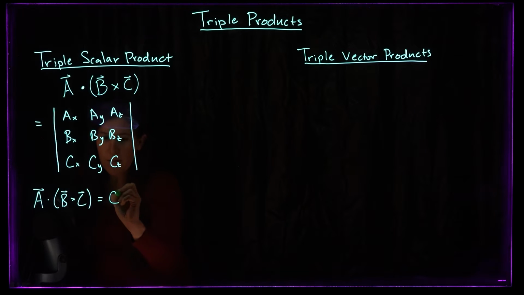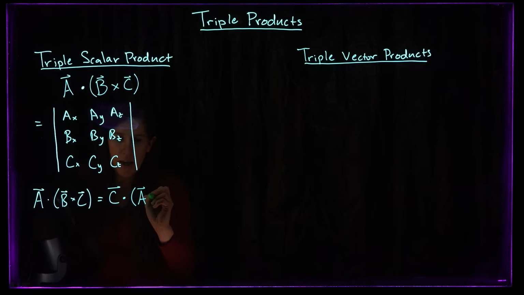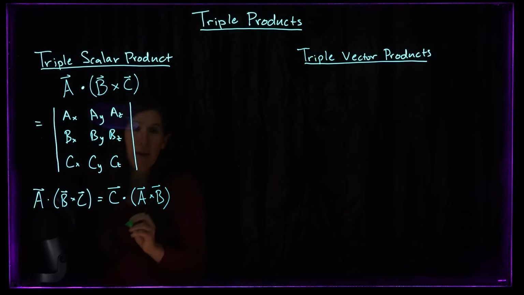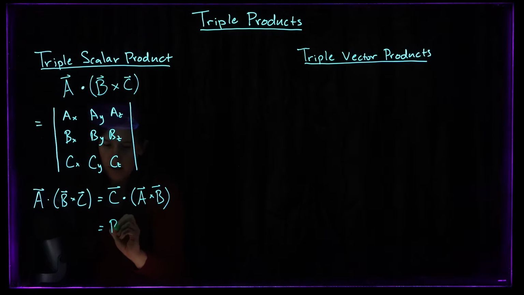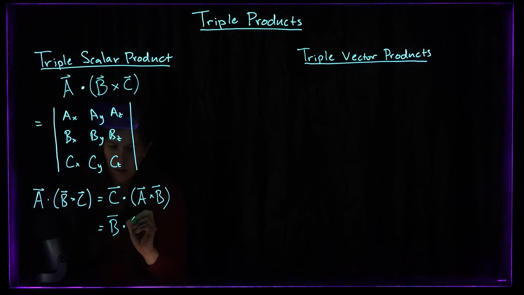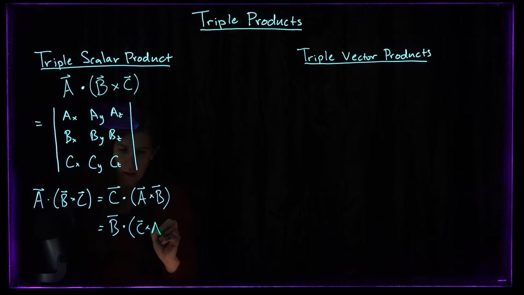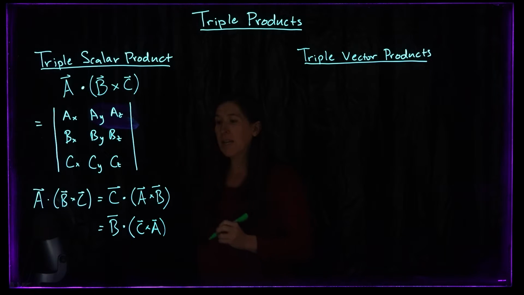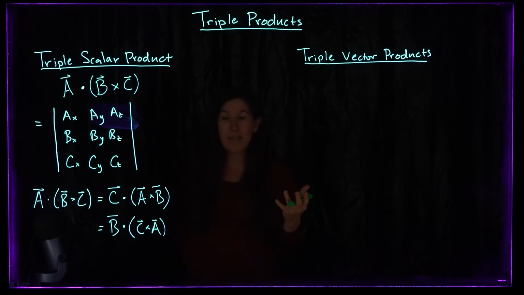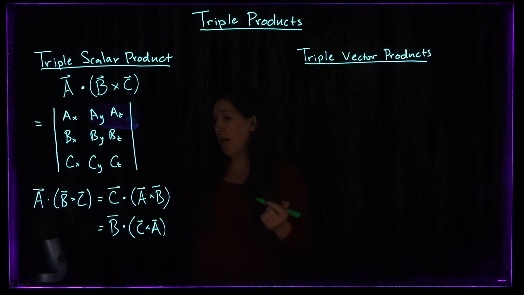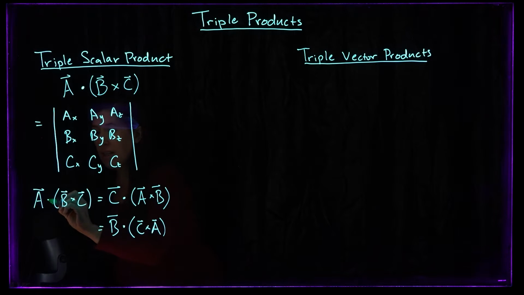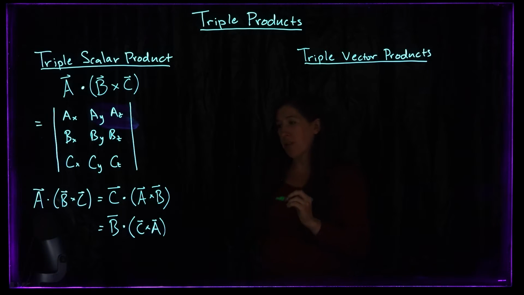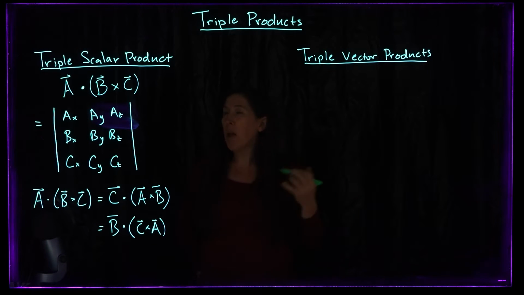I'm going to pull vector C out front, and then dot A cross B. And then I could do another permutation where now I pull B to the front. And it turns out that all of these are equivalent. So this is a useful identity sometimes. The fact that if you cyclically permute our three vectors, the result is the same. All right, so that's the basics of the triple scalar product.